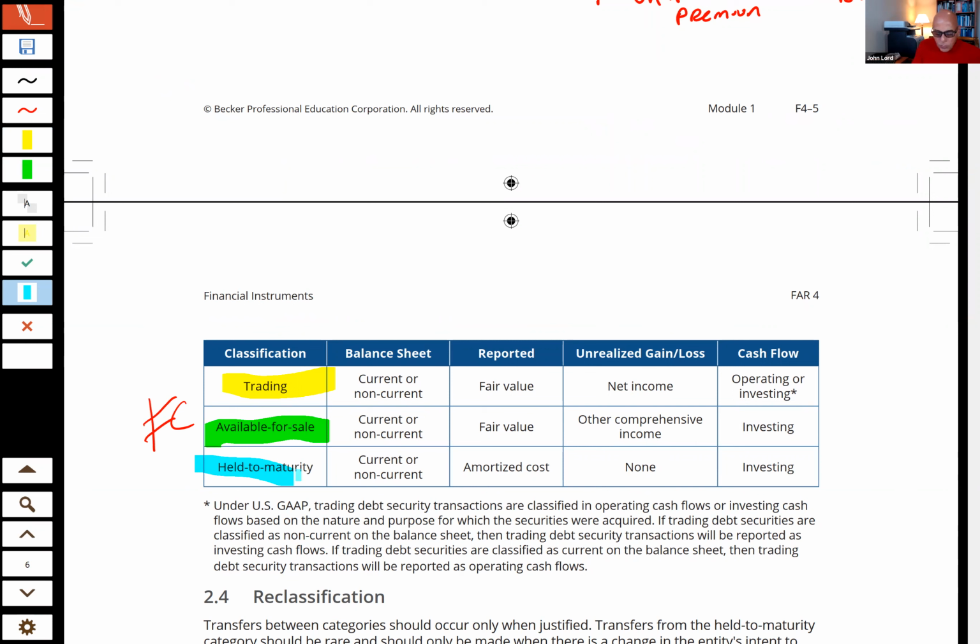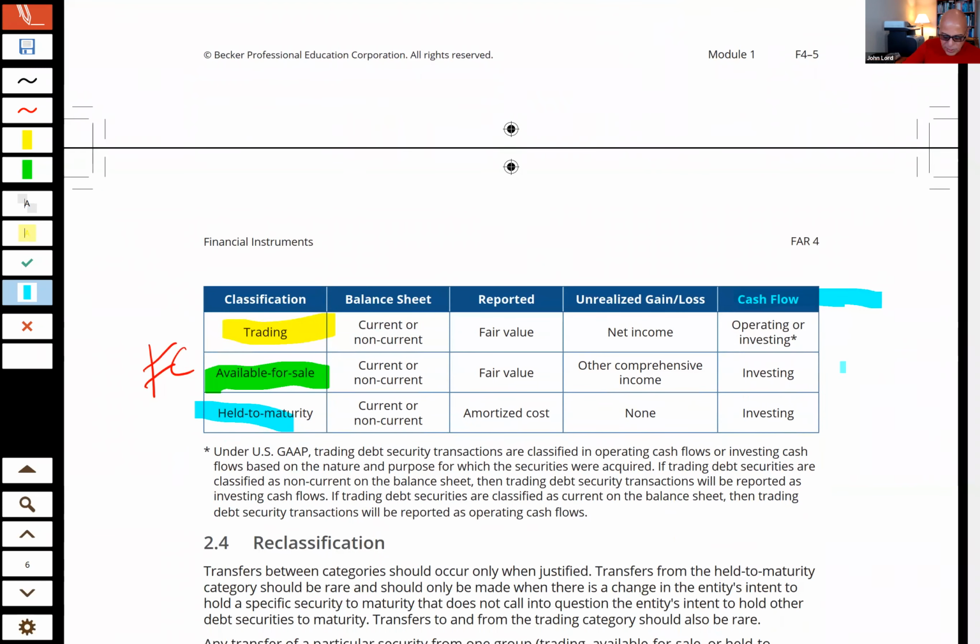Okay, when we get to cash flows, let's take a look at the cash flows. We've already sort of talked about these other columns here, but let's talk about the cash flows. Under US GAAP, which is all that's tested on the CPA exam, trading and debt securities are classified in operating cash flows or investing cash flows based on the nature and purpose for which the security was acquired.